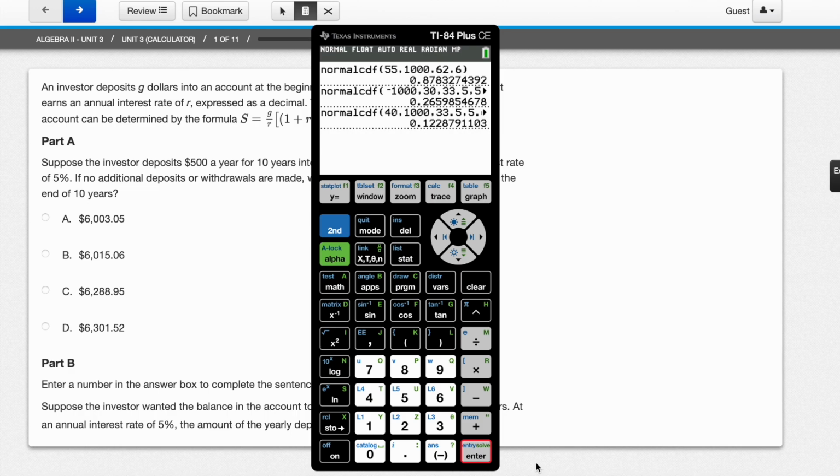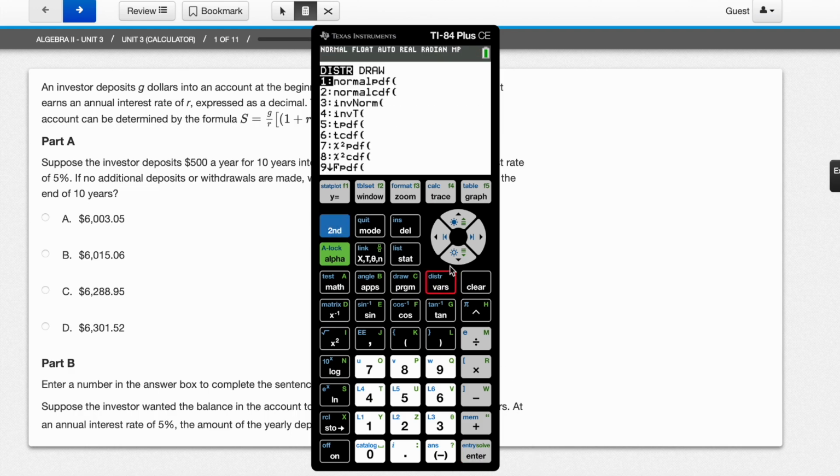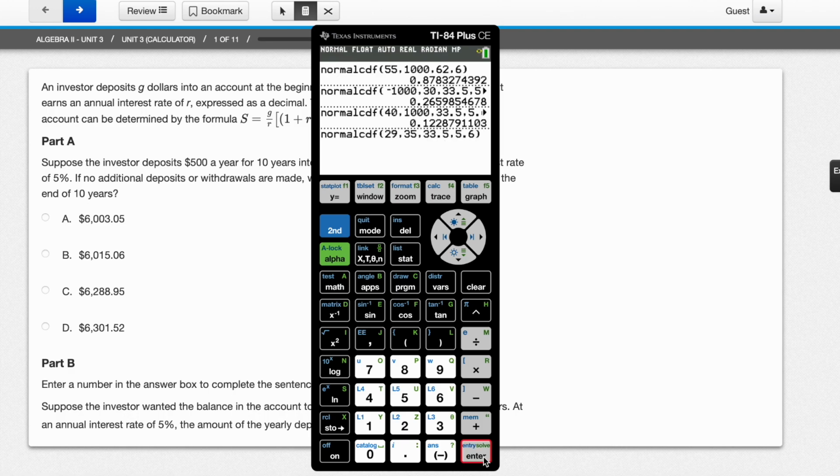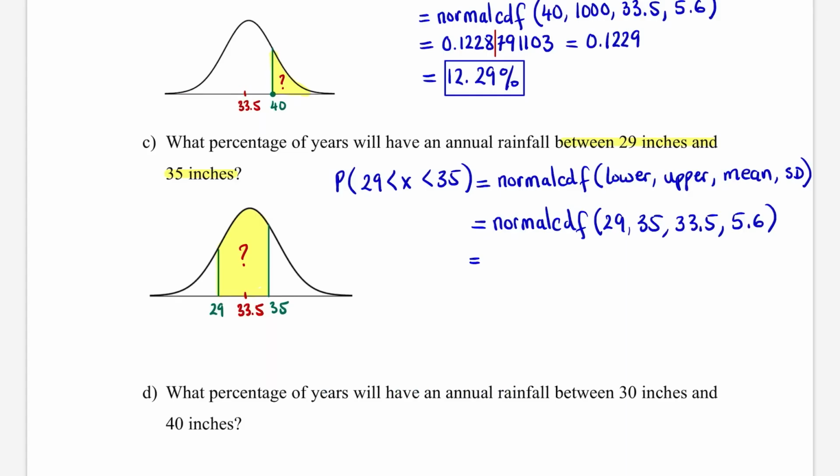To get to the distribution list, I'll hit second, distribution, and I choose the second one, normal CDF. My lower bound in this case is 29. Upper bound is 35. Mean is 33.5 and standard deviation is 5.6. Enter, enter. This is my answer.